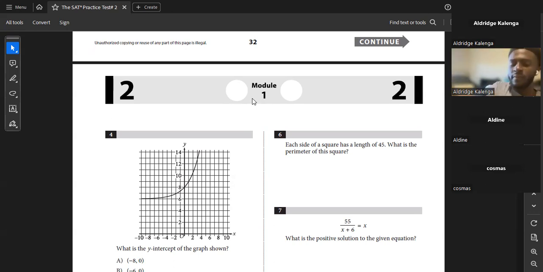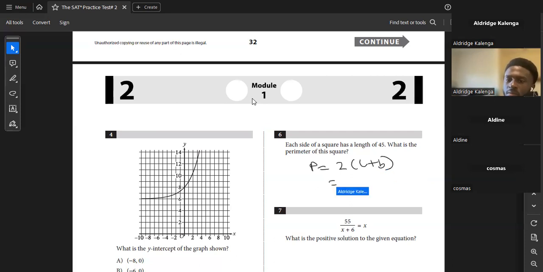It said that each side of a square has a length of 45. Perimeter is the distance around the square. We know that a square has 4 equal sides, so simply multiply 45 by 4, equaling 180. That's correct.